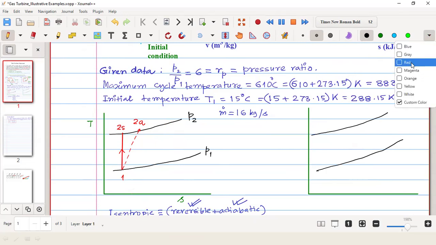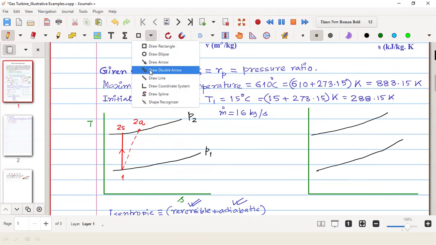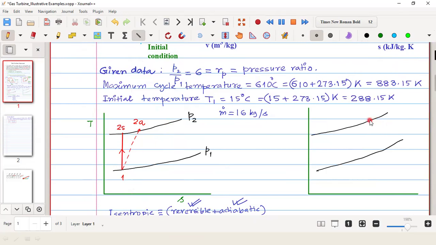Now we will draw the isentropic process, that is 3 to 4. This is 3. Now 4, this is 4. So we will write this as 4s because this is the fourth state following the entropy constant line.